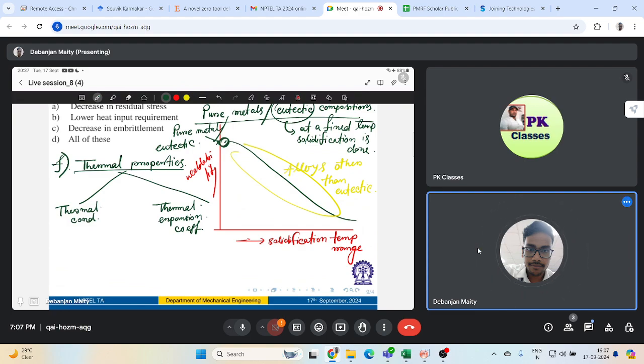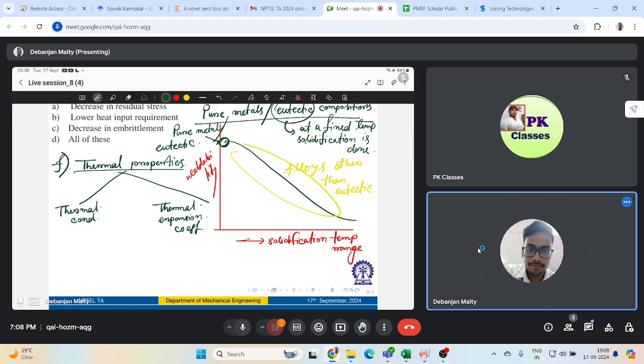What will it tell me? The thermal conductivity of a metal will determine how far or how fast the heat will be dissipated from the weld pool to the base metal during fusion welding. How far the heat is getting dissipated, how fast or how slow, those things will be governed by the thermal conductivity of my metal.